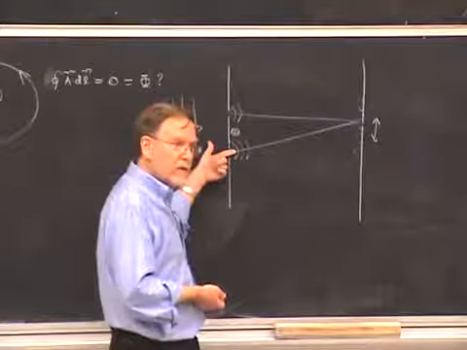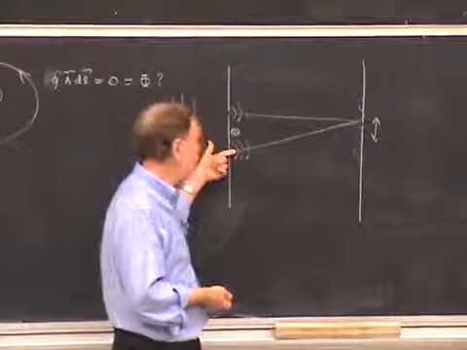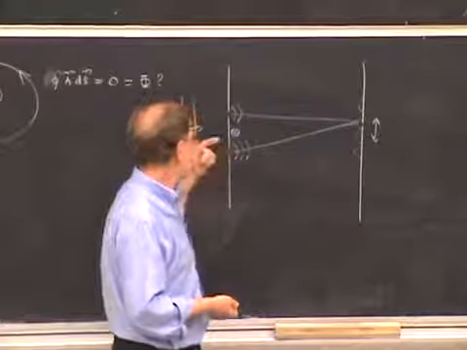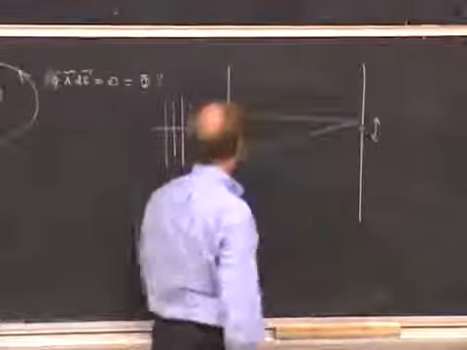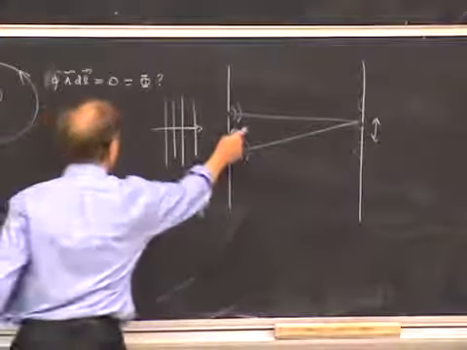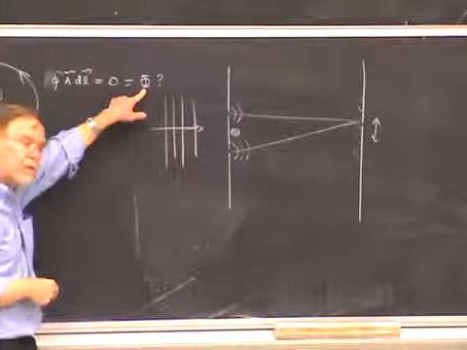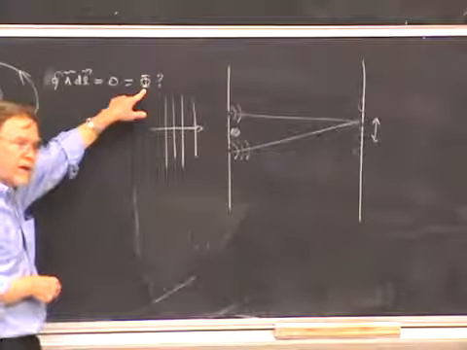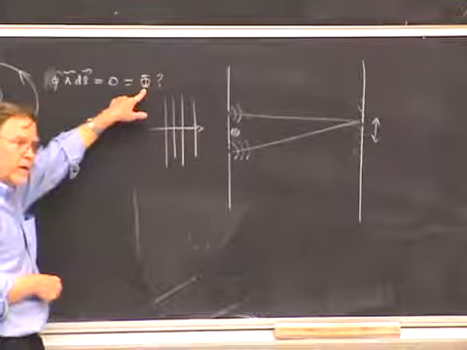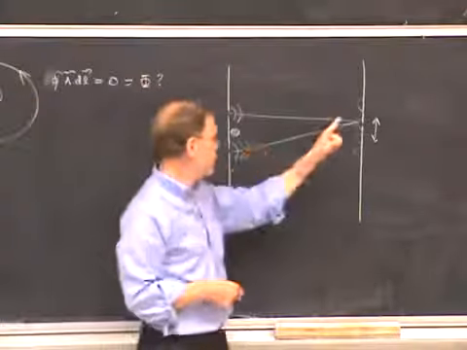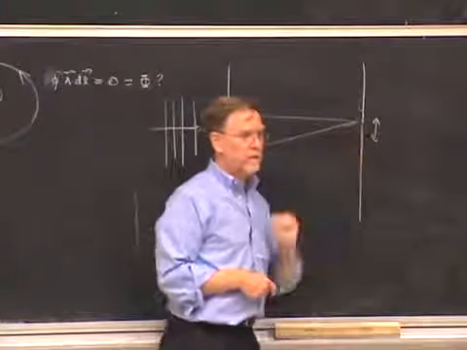But the phases themselves are not measurable. What's measurable are phase differences. And the phase difference between these two routes, even in the presence of the solenoid, depends only on the flux in the solenoid. And the flux in the solenoid depends on B, not on A. So it's a gauge invariant quantity. So what's physically measurable is gauge invariant.